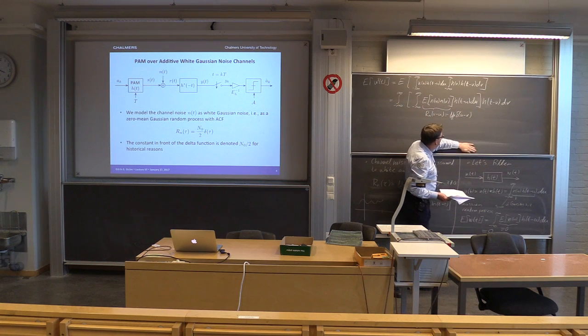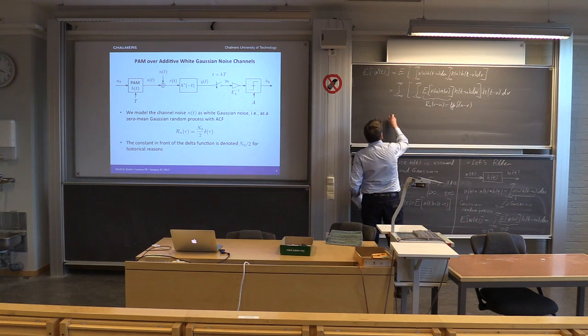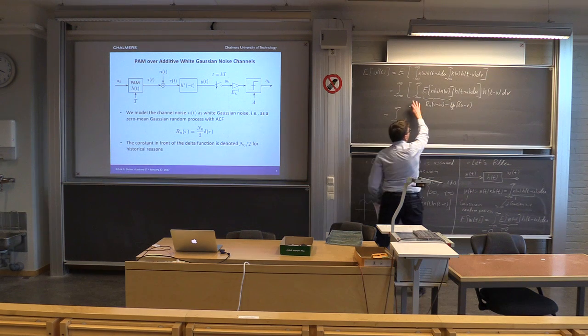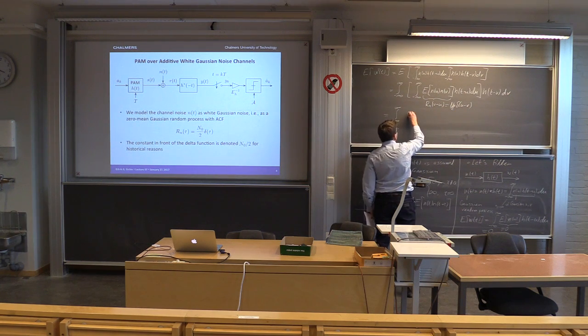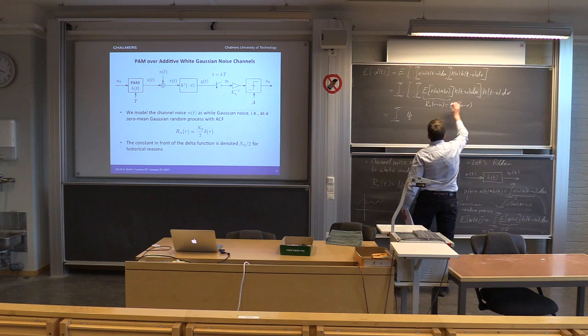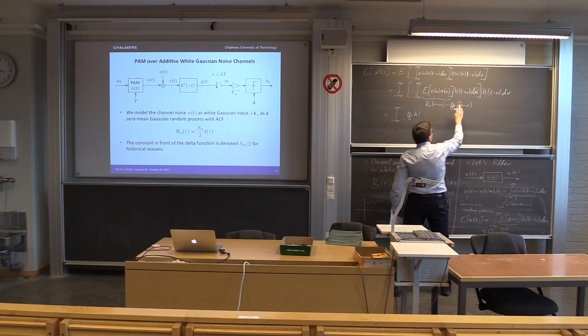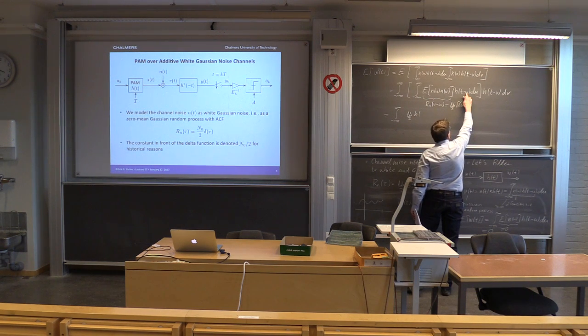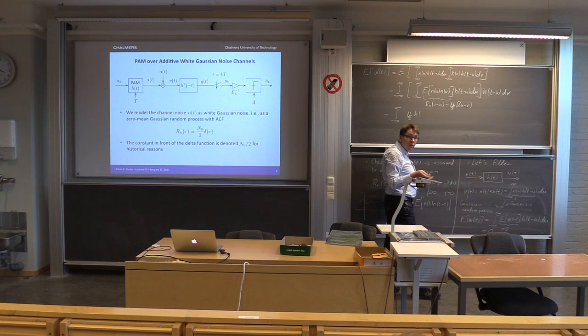Okay. So what we're left with here is the integral, and the whole thing in the middle becomes N naught over 2, which is the scaling factor in front of the delta function. And then the rest of the integrand, h, where we replaced u with the value of u that makes the argument of the delta function 0.